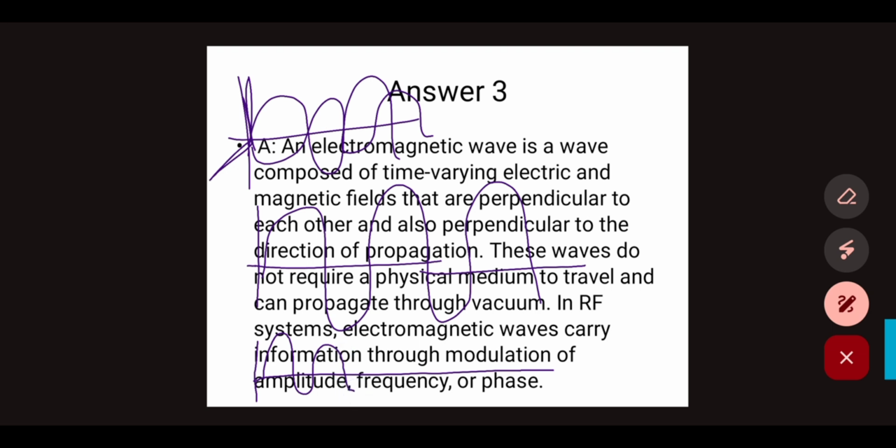As a result, we sometimes get an AM signal or an FM signal, that is amplitude modulation and frequency modulation. So concepts like AM transmitter or AM radio, FM radio work on such principles.